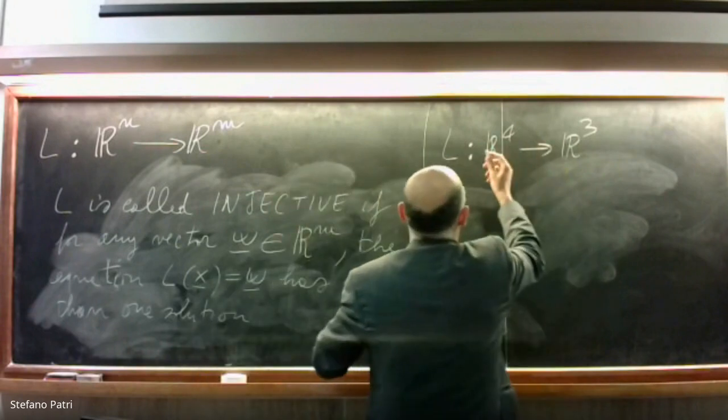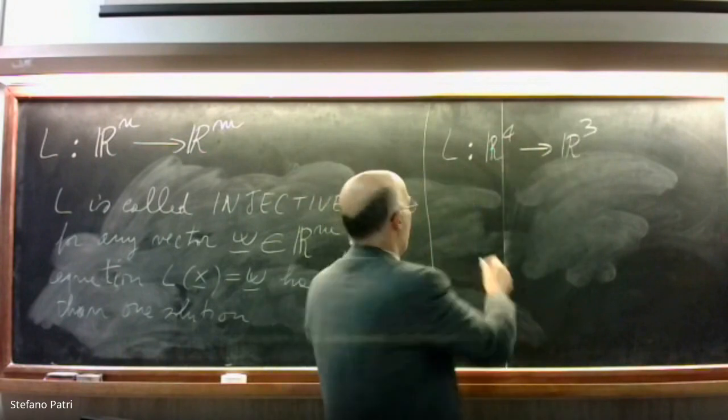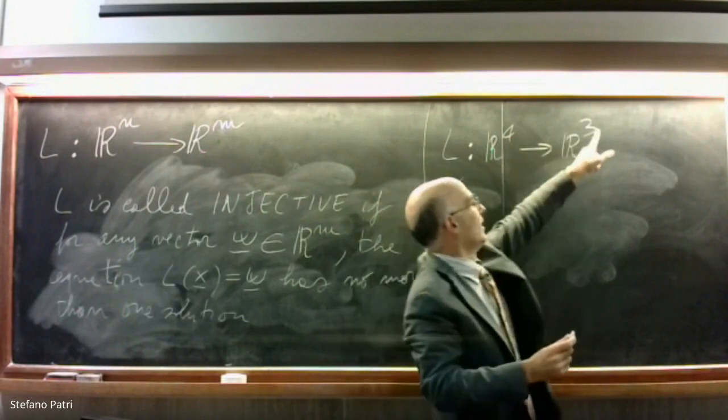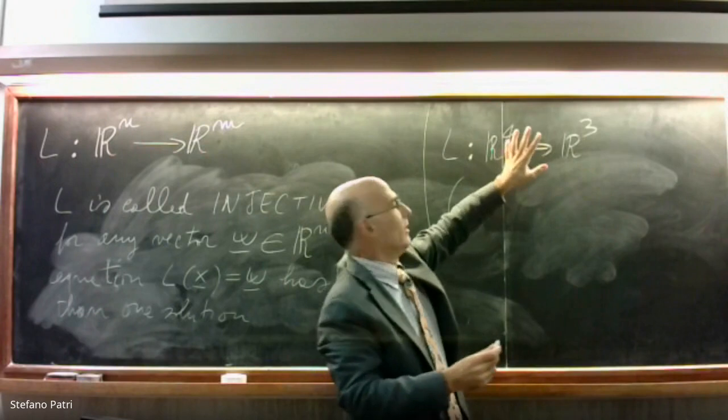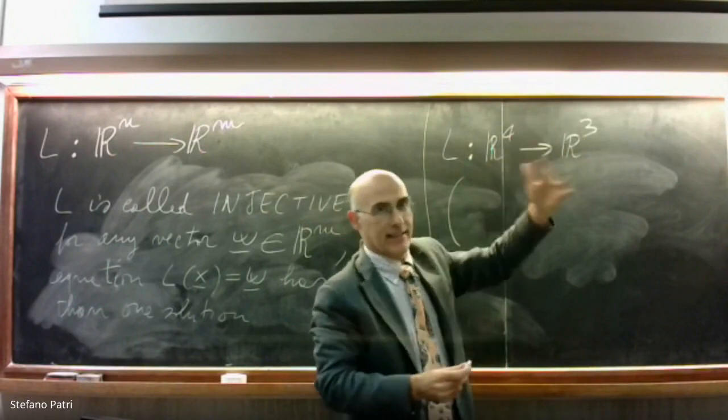Why? Because the associated matrix will be a matrix having 3 rows and 4 columns. The matrix will be 3 times 4.